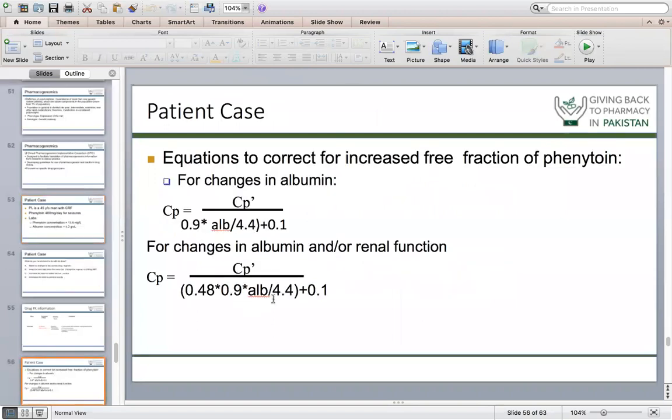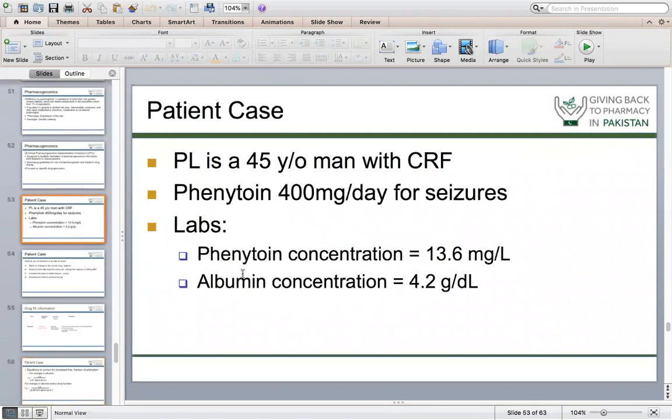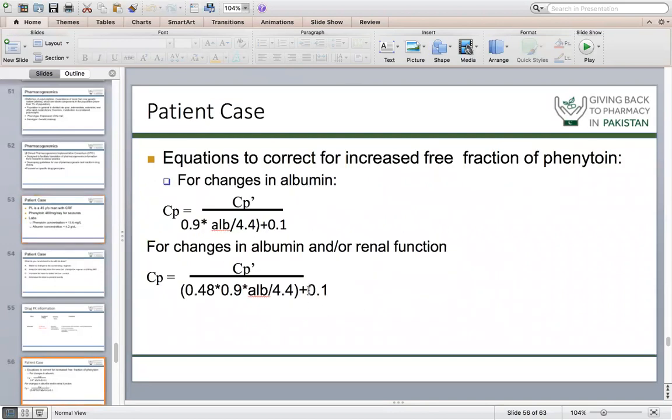This equation where we have to add the albumin value. 4.4 is usually the exact level of albumin which is considered normal, but in this patient it's 4.2. So we add the values in this equation because this patient has chronic renal failure. That's why we apply this equation to get the corrected or adjusted concentration of plasma levels. I hope that answers your question.